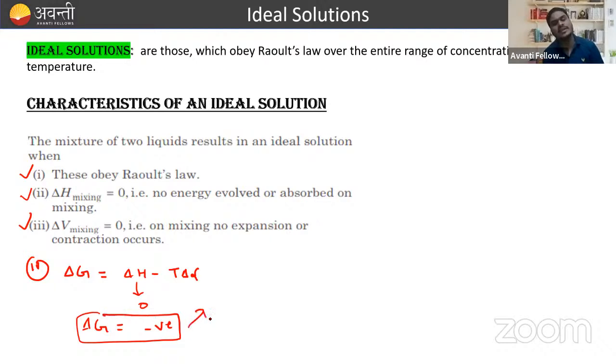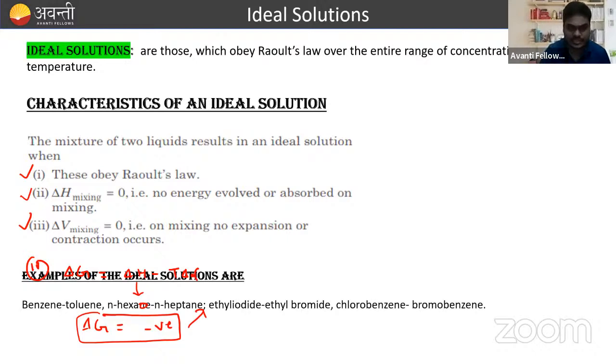It means it will be spontaneous. So for an ideal solution, delta H, that is enthalpy of mixing, is equal to 0. Delta V, the volume of mixing, is also 0. And delta G, that is Gibbs free energy, comes out to be negative, or we say the process is spontaneous.